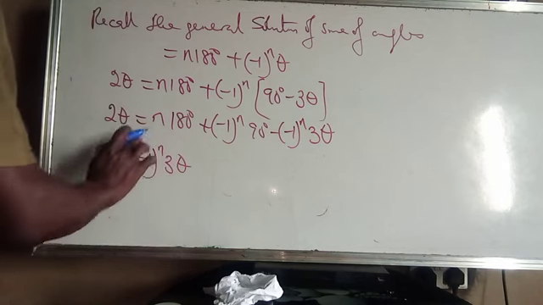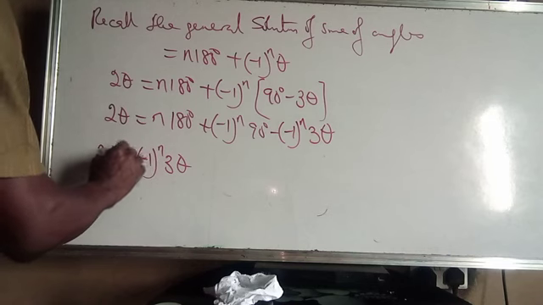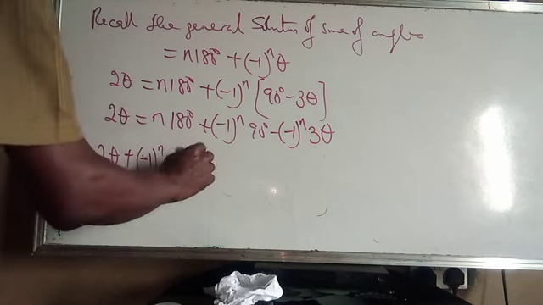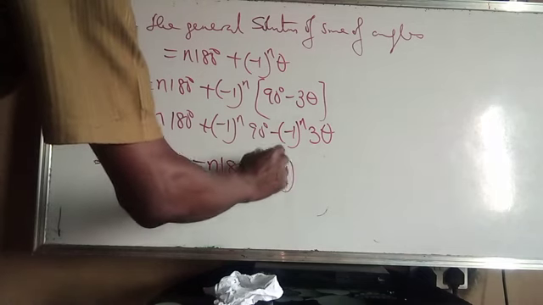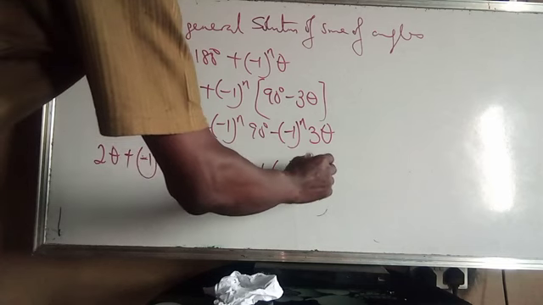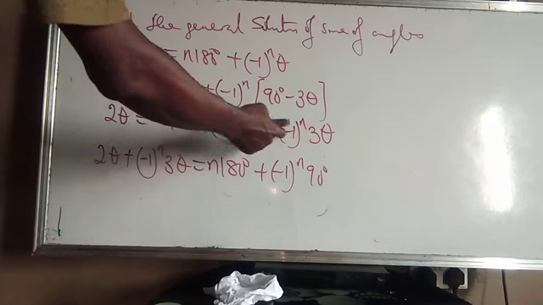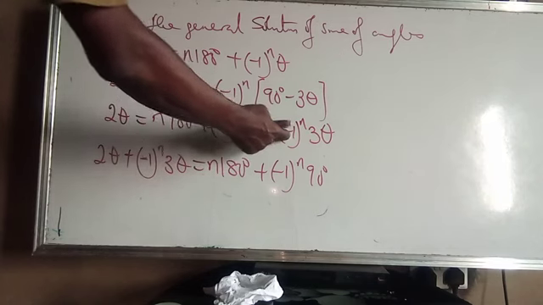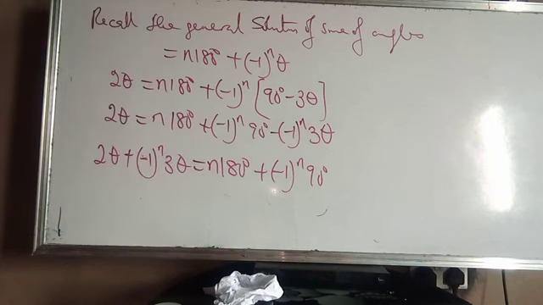We bring this to this side, collecting like terms, it becomes plus. So this gives us n 180 degrees plus minus 1 raised to n 90 degrees. I hope you understand. You don't multiply this minus by this minus, no, you'll be wrong. This minus 3 theta, bring it here and it becomes plus.